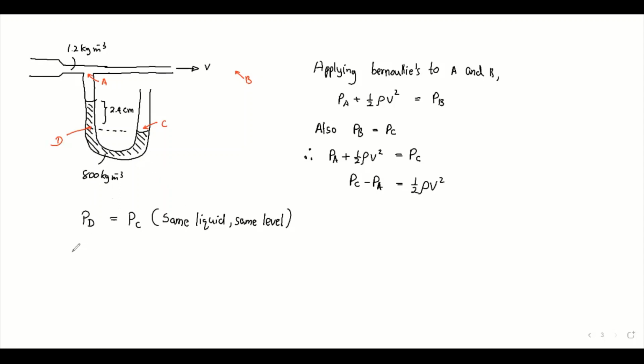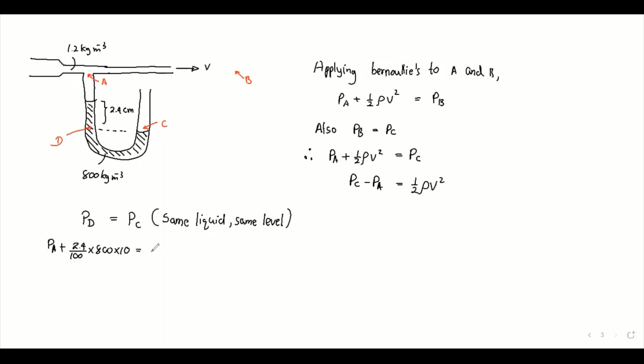So we can write PD is equal to PA plus rho gh, or h rho g we can say. That is 2.4 centimeters over 100. Rho means 800, and g is 10.